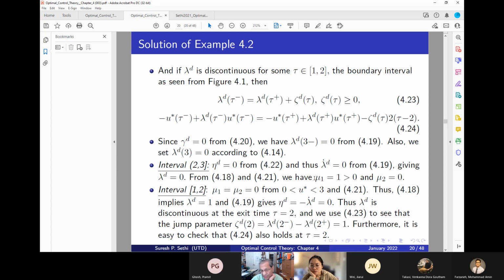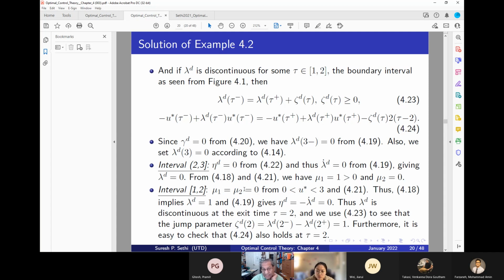U is 0 means the first constraint, which applies to u, which is mu1, was for u bigger than or equal to 0. So since u is 0, it is on the boundary. But u is not at 3, not on the boundary of 3, so its multiplier is 0. So that's basically what's going on here. So we're going from 2 to 3, then once we are at 2, we go to 1 to 2.